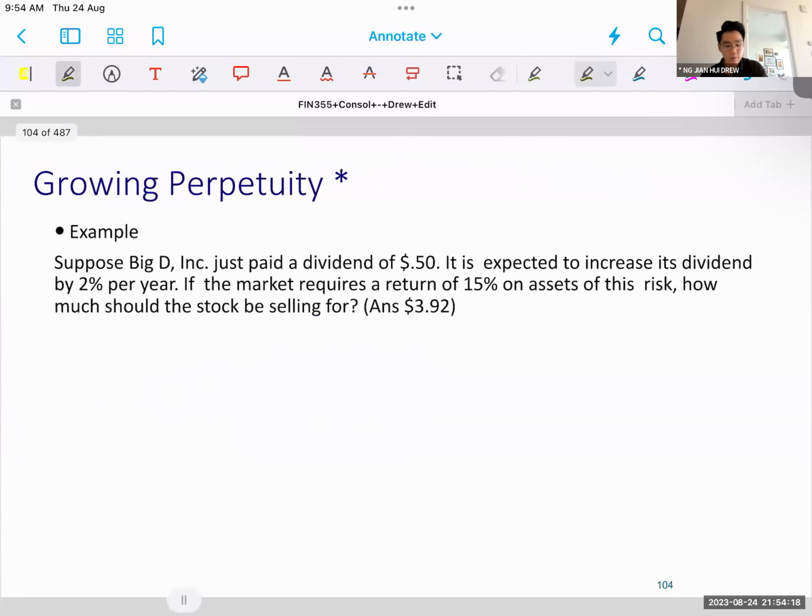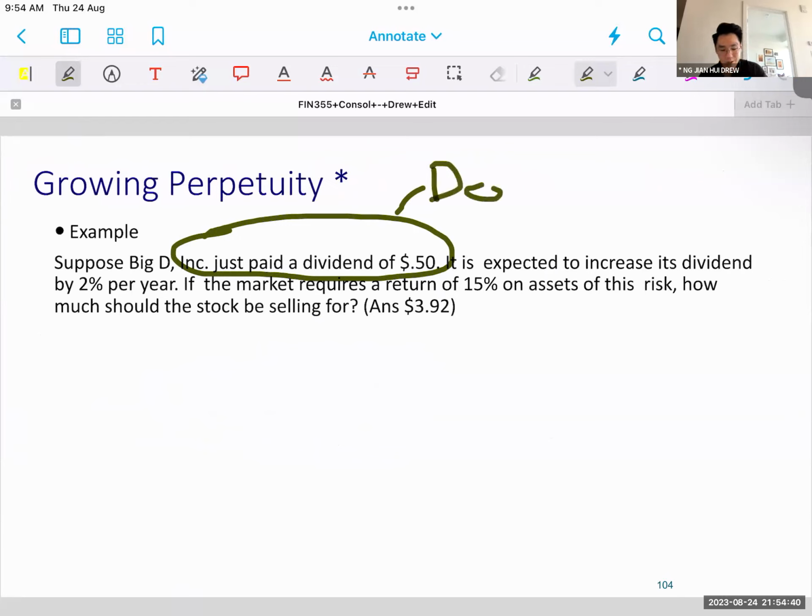So what we need to be very careful about when we read questions, right? Suppose Big D Incorporated just paid. So what's just paid? Is this D0 or D1? Yeah, very good. Most of y'all identify it as D0. So we need to remember using a growing perpetuity formula, we need to consider D1, right?